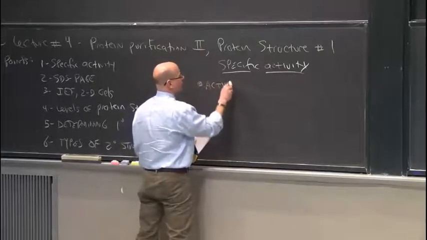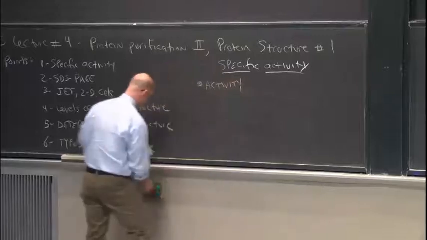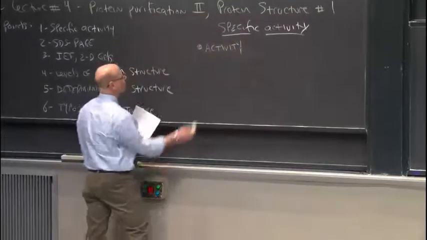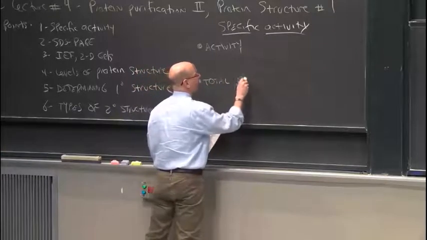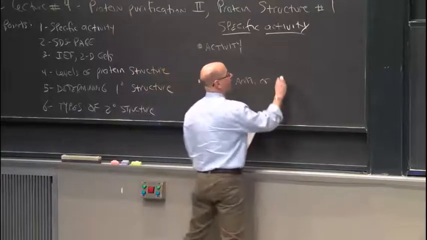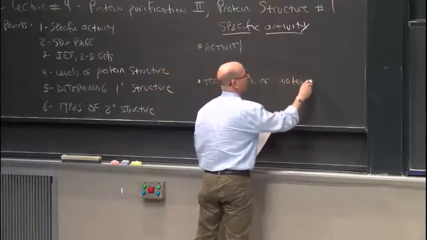The first is the activity, and I'll talk about what that is in a moment. And the second thing we need to know is the total amount of protein that we have at each step in our purification.